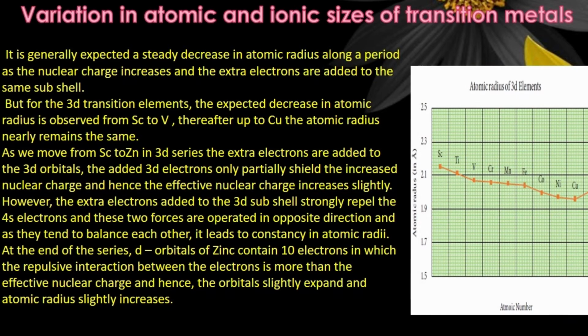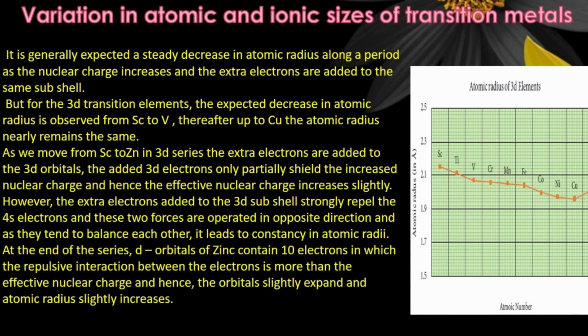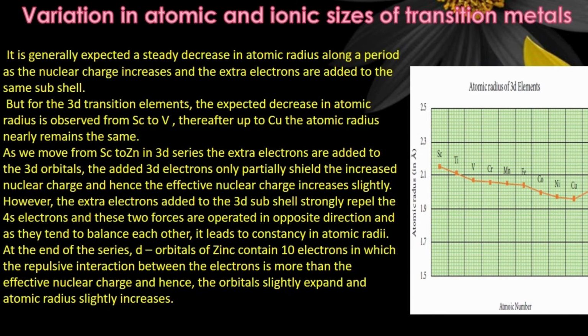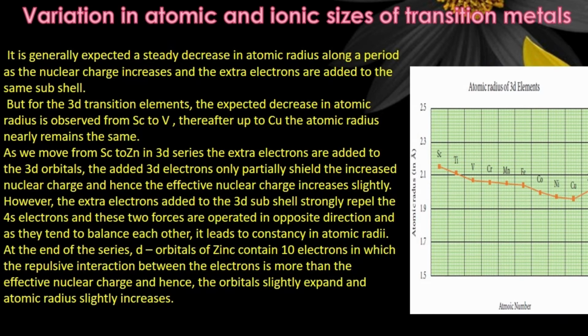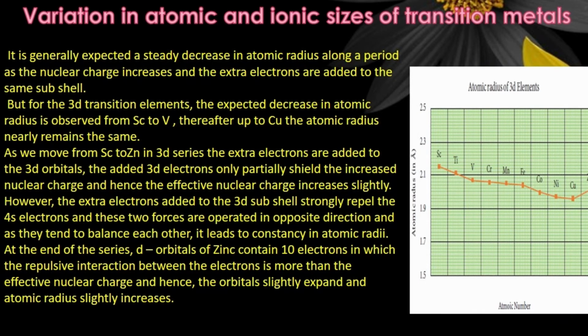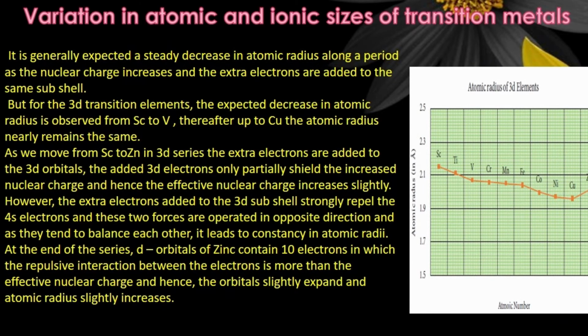And we know d orbitals have poor shielding effect. Hence, net electrostatic attraction between the nuclear charge and the outermost electron increases. Hence, the atomic radii or ionic radii decreases across the period.